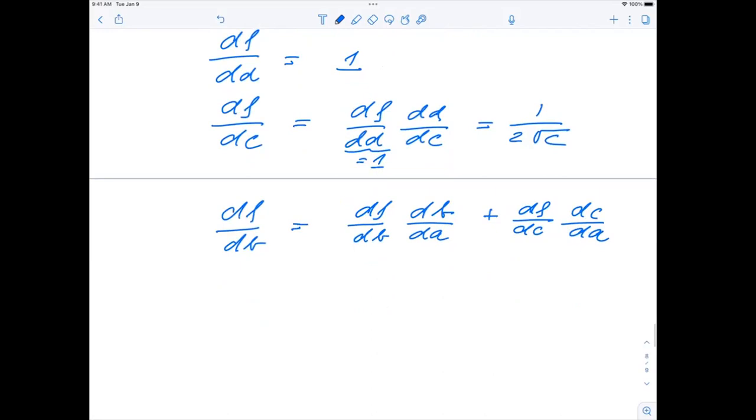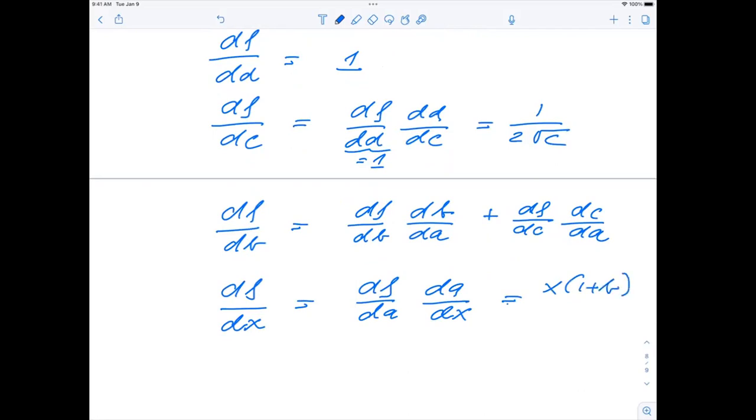And finally, we have df over dx, which is equal to df over da times da over dx. And at the end, what we got was that this was equal to x times 1 plus b divided by this variable d, which is the same as square root of c.